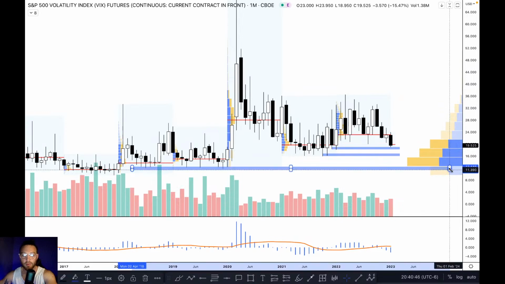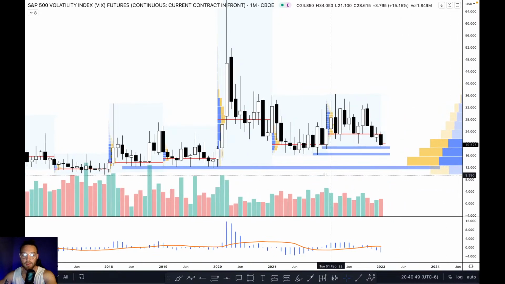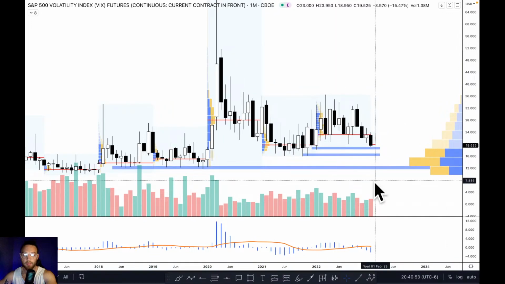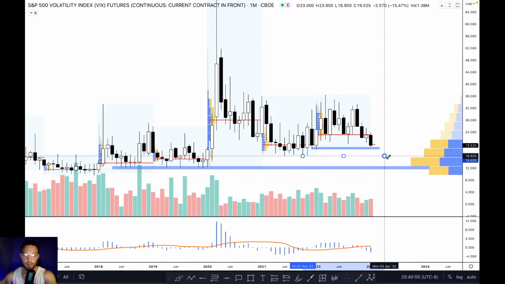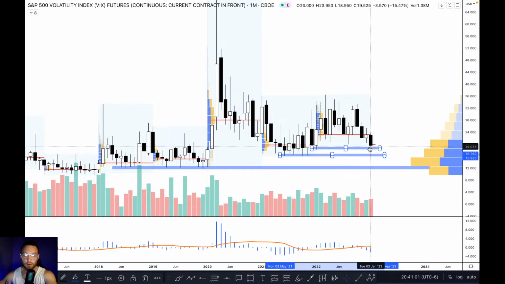And I would most likely expect something to happen. If it doesn't happen in this level here, where there has definitely been rejection, and even where it's currently at, there's been rejection, but it's most likely going to slip through here and come into this.